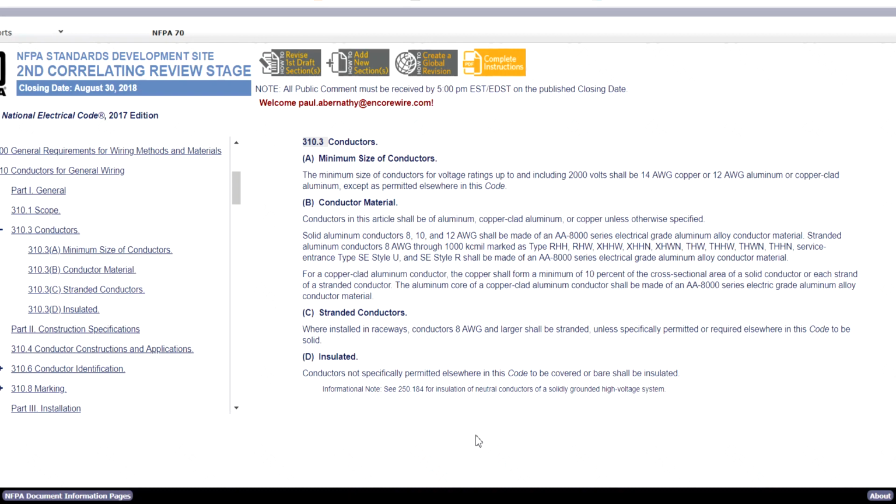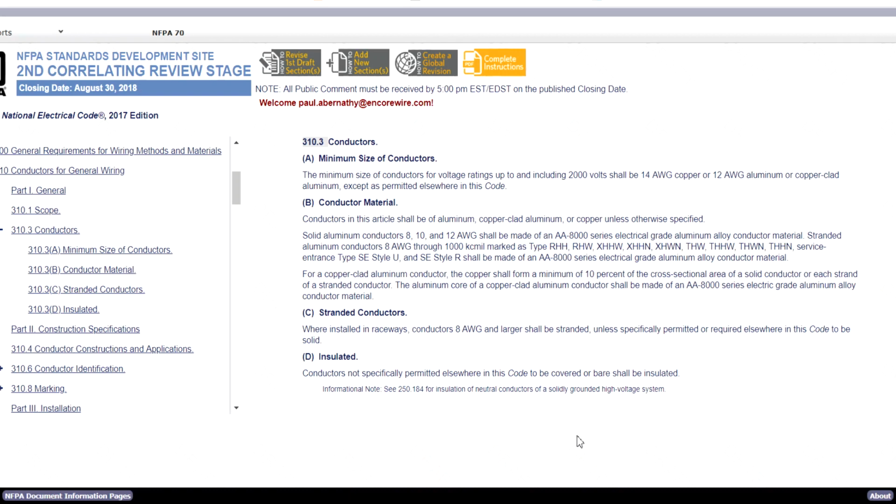Equipotential bonding, for example, in 680 allows for the bare 8 to be run around the perimeter, in a new grid format. We have a video that talks about the changes to the equipotential bonding grid when it comes to the perimeter. Go watch that video if you aren't familiar with pool grids and what's coming up in the 2020 code. But that's just examples where it could be bare or even covered in other locations.